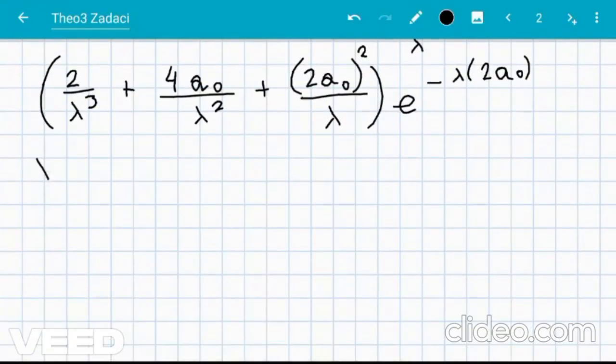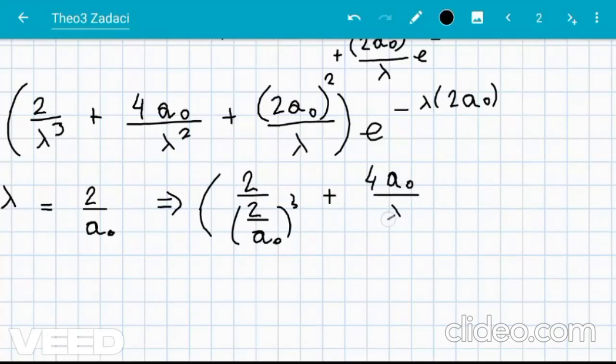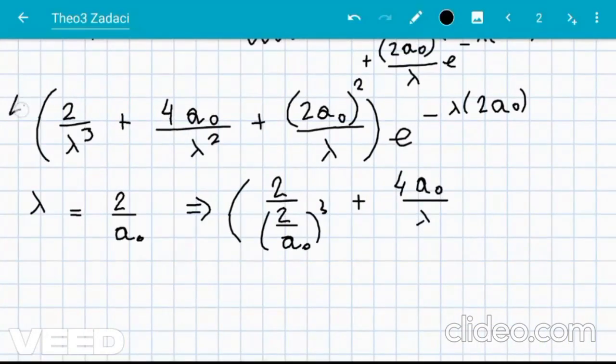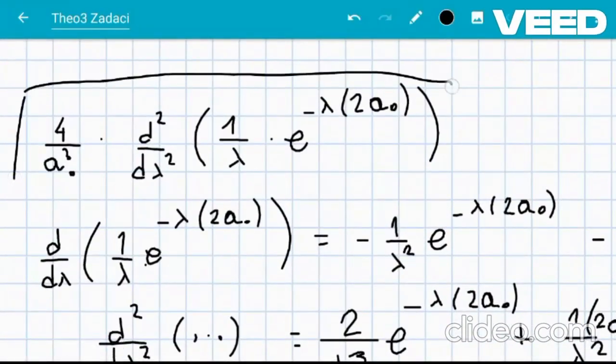So now we know that lambda is equal to 2 over a naught. Or we can resubstitute again to simplify further, and then we get 2 over 2 over a naught cubed plus 4 a naught over lambda, and the whole expression is, by the way, multiplied by 4 over a naught cubed. That's this one here.